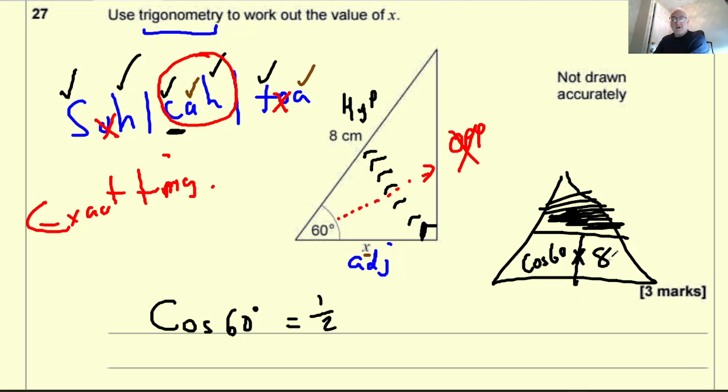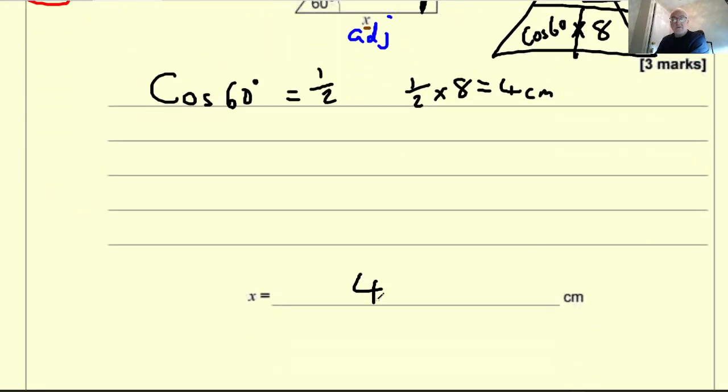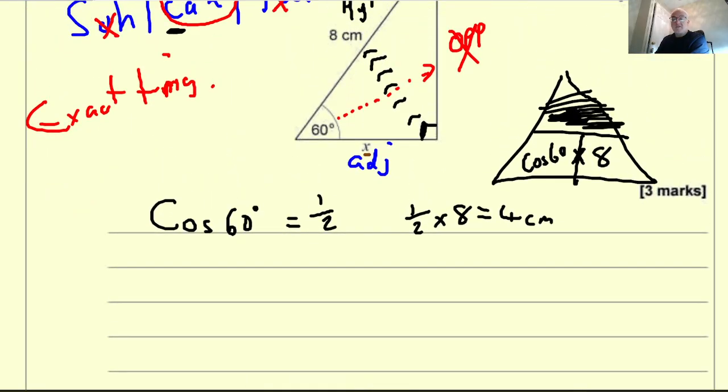Remember, if I want the hypotenuse, I'm just going to do adjacent divide by cos 60. On this one I'm doing cos 60, which is 1/2, multiplied by 8, and 1/2 of 8 is 4, and we're in centimeters. So in this case, x equals 4 centimeters.